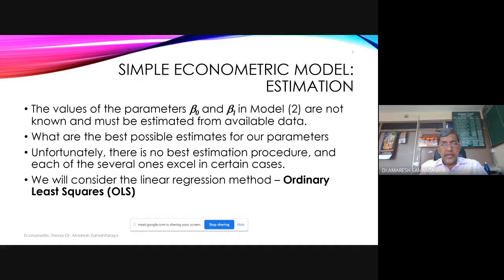See, when we say beta 0, in the econometric model that represents consumption expenditure on an average. If my beta 1 is equal to 0, what does my model become?